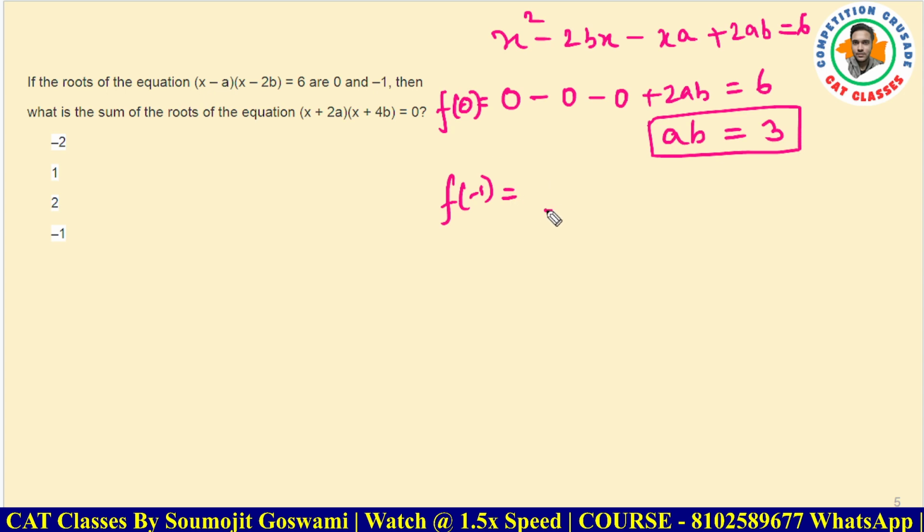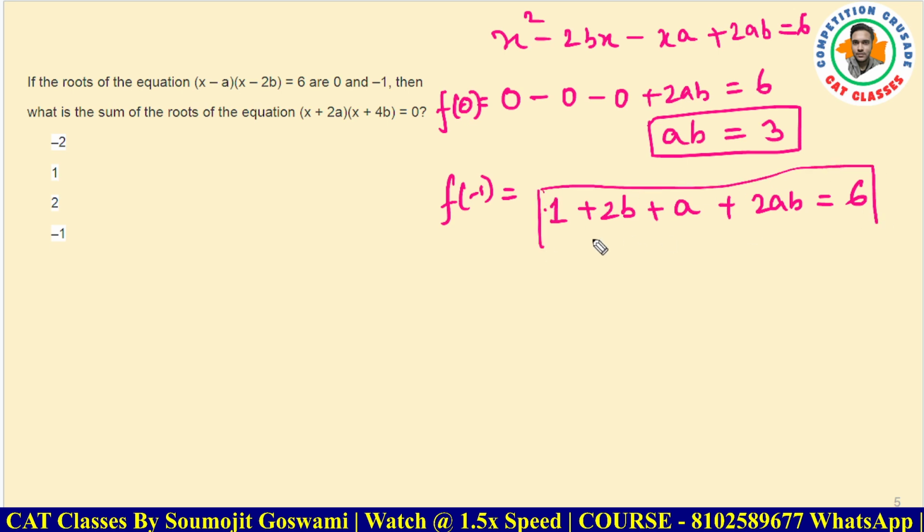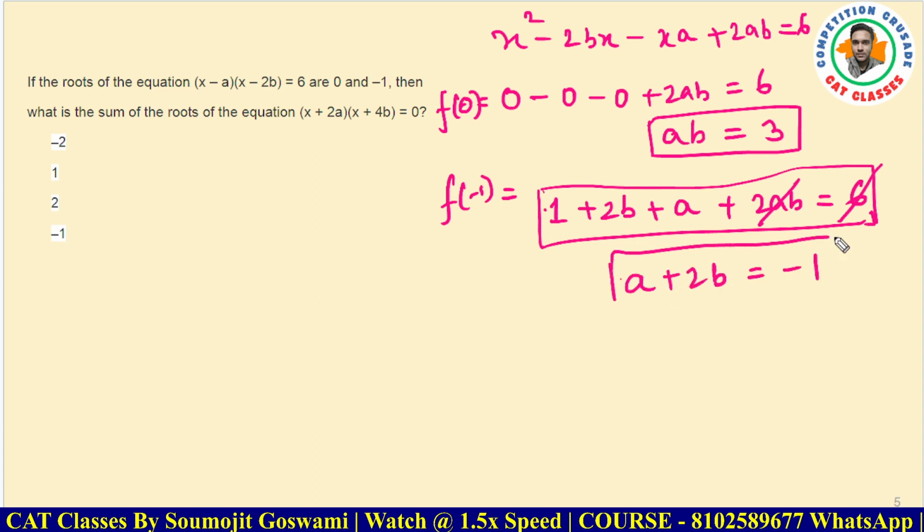Actually this is going to be plus 1 plus 2b plus a, that's it, plus 2ab is equal to 6. ab I know already is 3, so 2ab is 6. So this goes away. a plus 2b is minus 1.